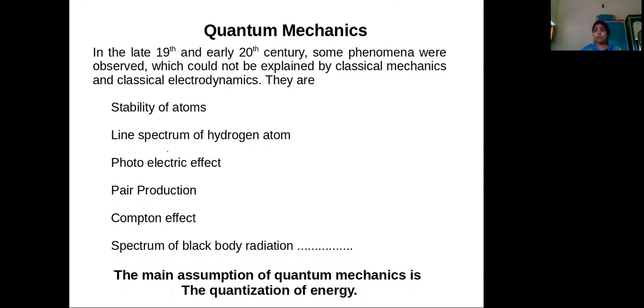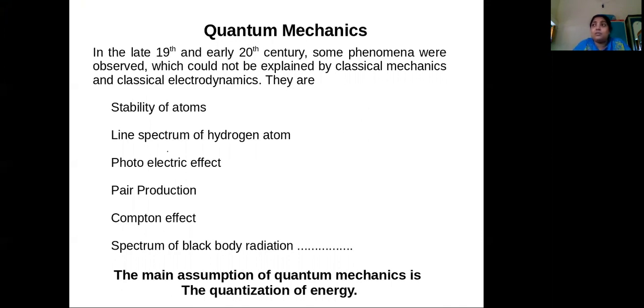Then came Bohr, who stated that the electrons revolve around the nucleus not in any arbitrary orbital, but in some specific orbitals. Those orbitals were known as stationary orbitals, because the electrons do not lose energy while orbiting in those specific stationary orbitals.